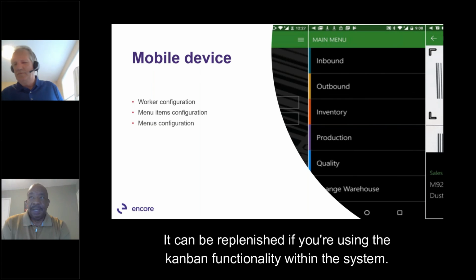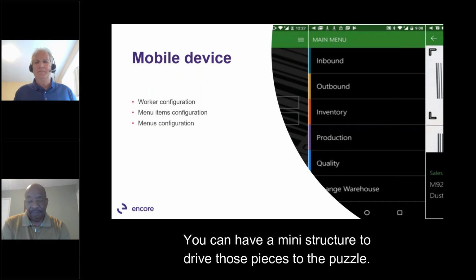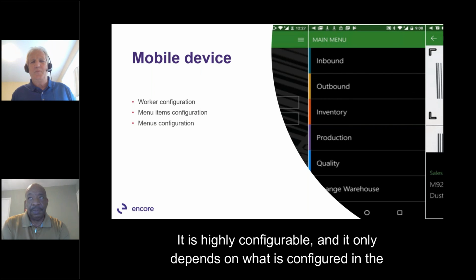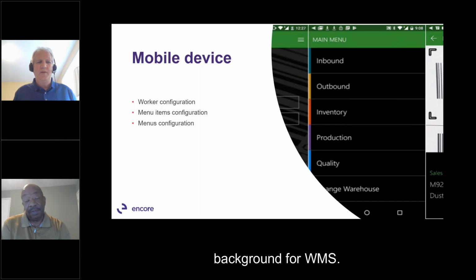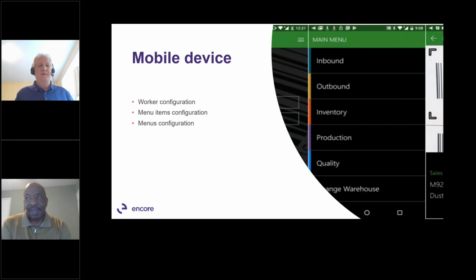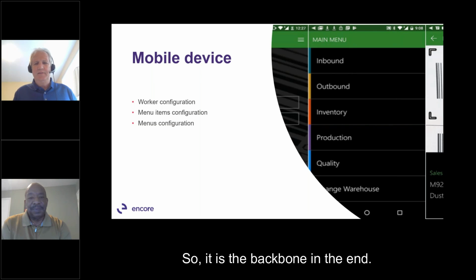If you're using Kanban functionality within the system, you can have a menu structure to drive those pieces to the puzzle. It is highly configurable, and it only depends on what is configured in the background for WMS. So it is the backbone in the end, and it is what the user can see.